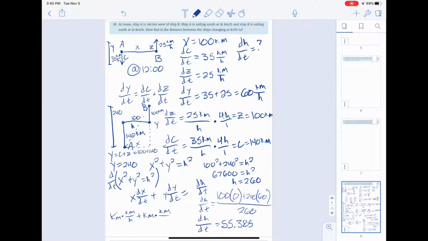Same thing for y, it's kilometers multiplied by kilometers an hour. And everything is over h, which is also a value in kilometers. So in the end, these will just cross out, and you're left with the derivative of h with respect to t is equal to 55.385 kilometers an hour.